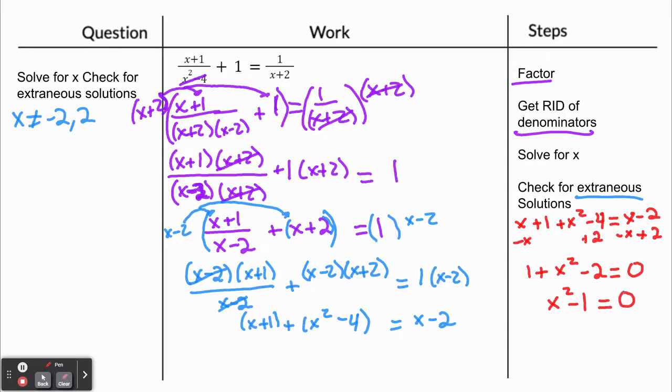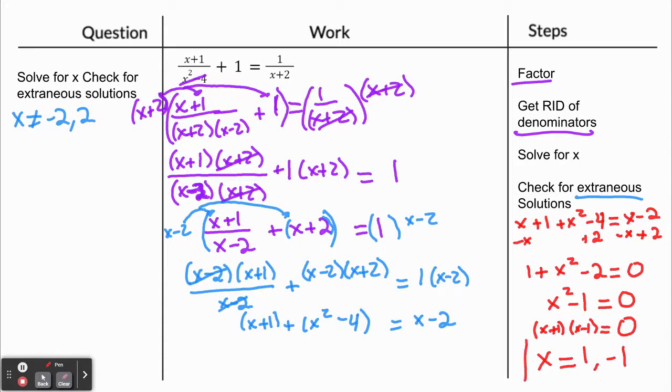So I end up getting x squared minus 1 equals 0. Now I can factor that to be x plus 1 times x minus 1 because of the difference of squares. So when I solve this, my final solutions are x is equal to 1 and -1.